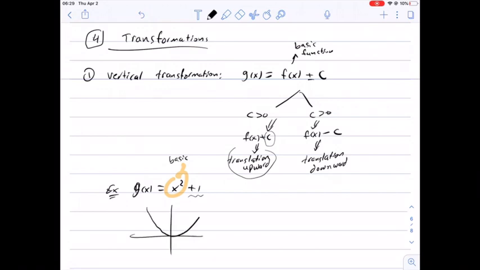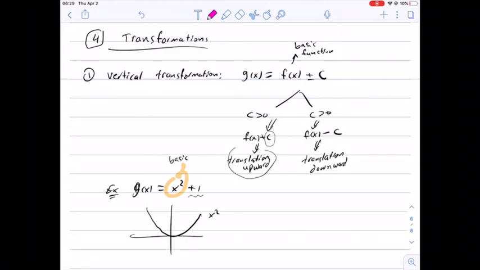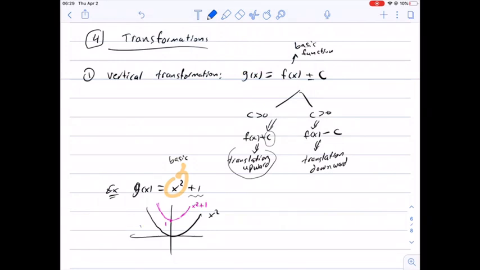So if we graph the original function x squared, and if we want to graph x squared plus 1, we shift this function up by 1 unit. So this is x squared plus 1. If we subtract, then we have a shift 1 unit down. So this is x squared minus 1.